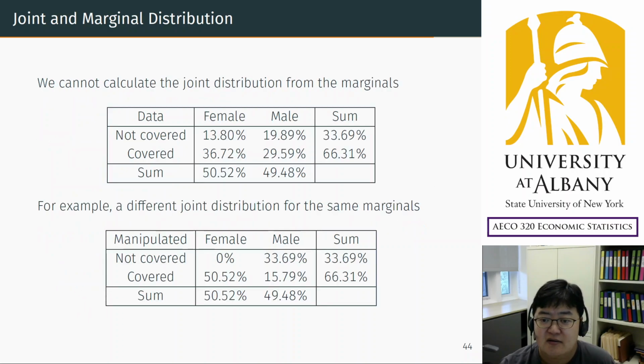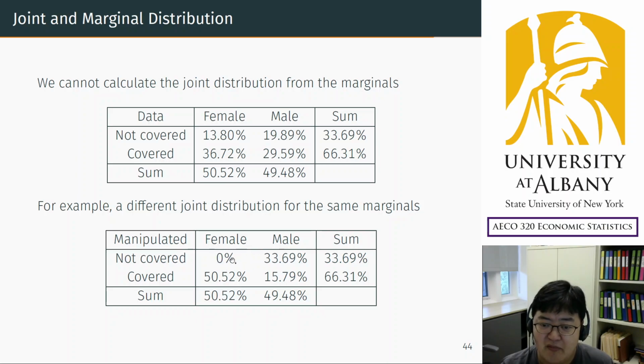Why? So I'll give you two examples. The first one is what we saw from the data. This is the true distribution from the data, but I made up a fake table. Like an extreme case, suppose that there is 0% of this type.